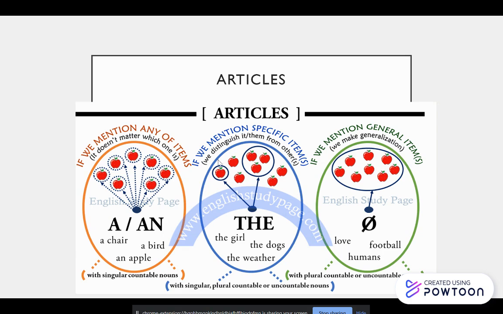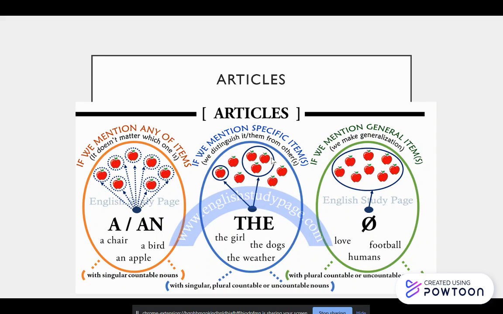"The" is a definite article. There's only one. We use it with singular or plural countable nouns or uncountable nouns. If we mention specific items, that means only one, we distinguish them from others.